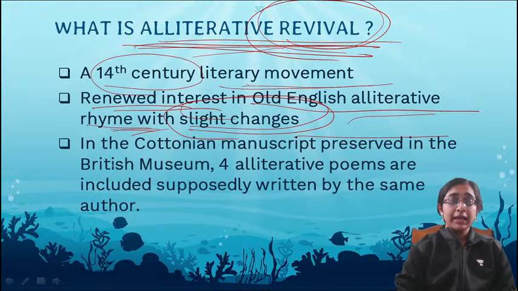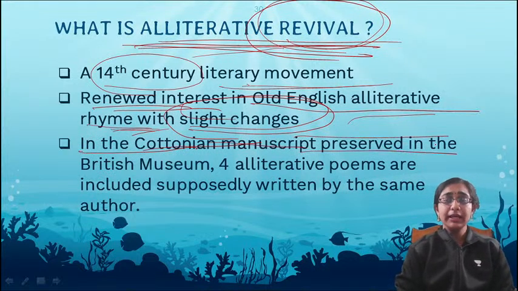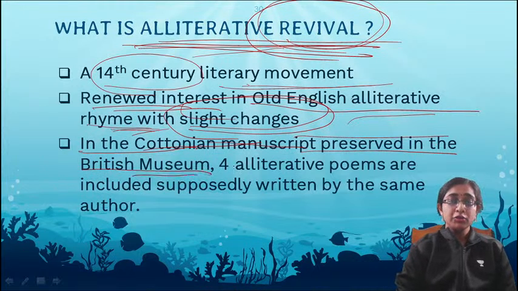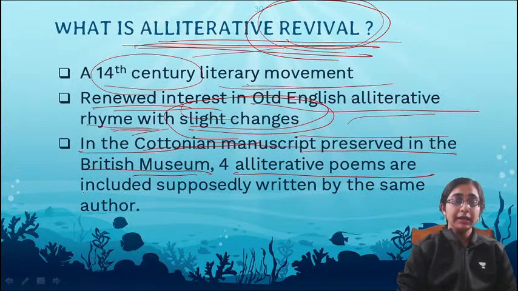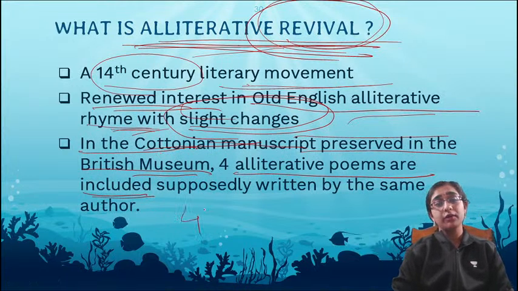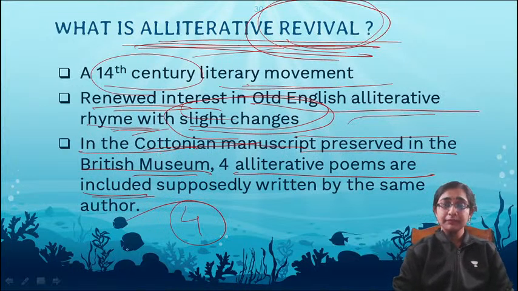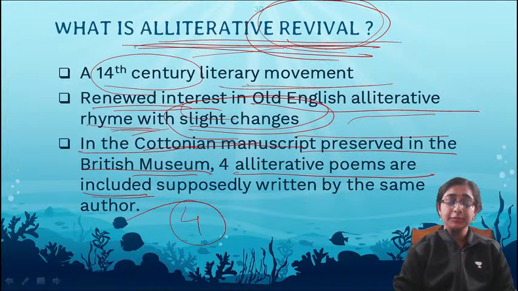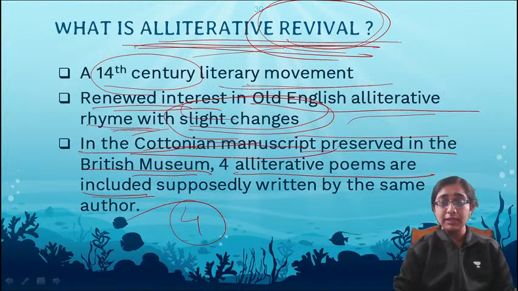Okay. In the Cottonian manuscript preserved in the British Museum, 4 alliterative poems are included. As you already know, in the Anglo-Saxon age we talked about 4 major manuscripts. Similarly, in the Middle English age, the single important manuscript is the Cottonian manuscript.